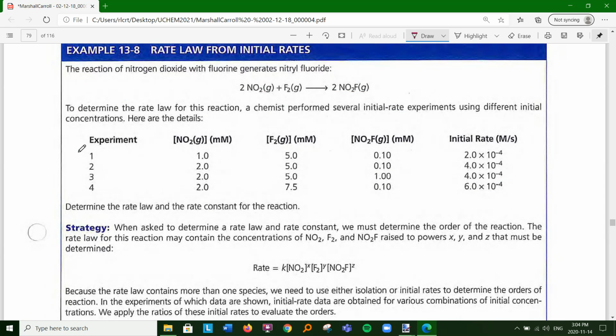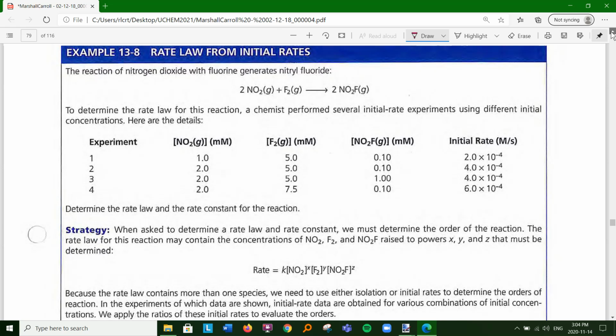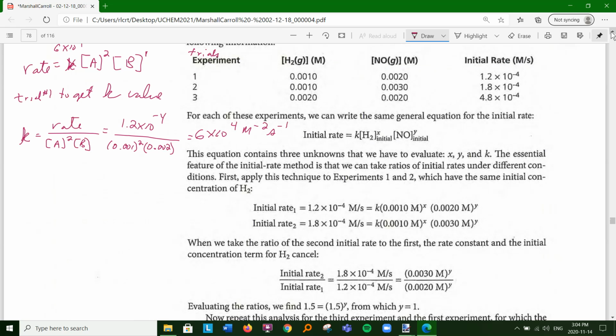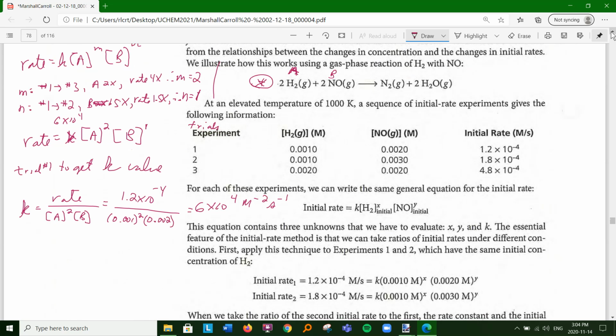Example 13.8 on page 633. And I'm going to do it a quicker way than they do it. Let me jump back up here for a second. What we were showing there is if the rate is K times 6 by 10 to the 4, A squared times B, that means the rate determining step is A plus B goes to whatever's on the product side.